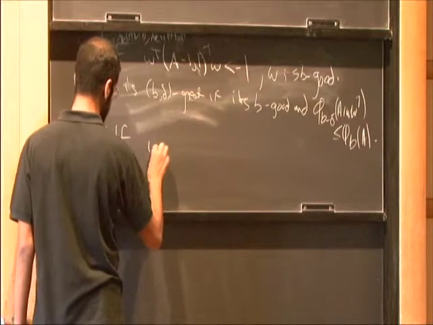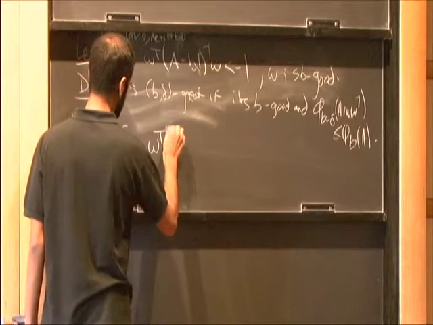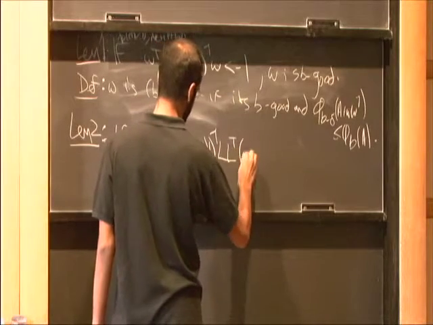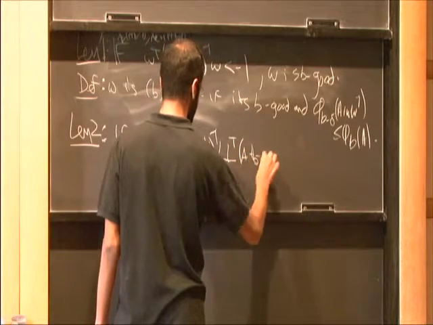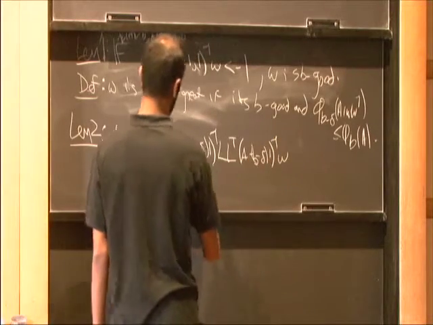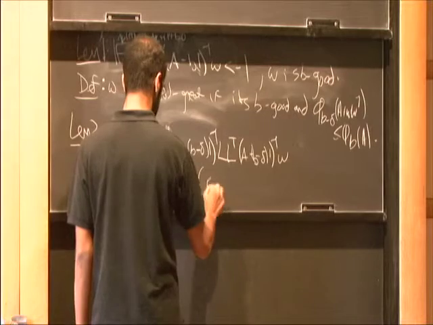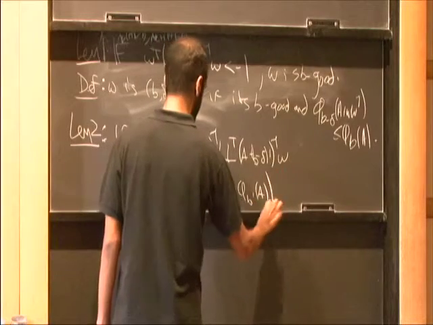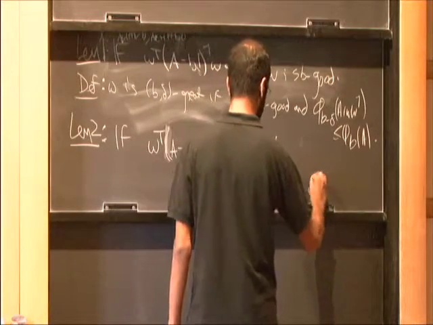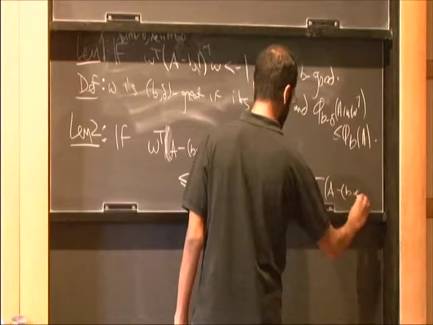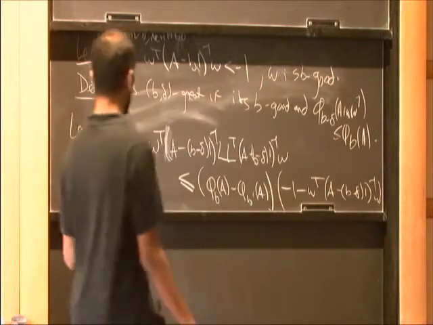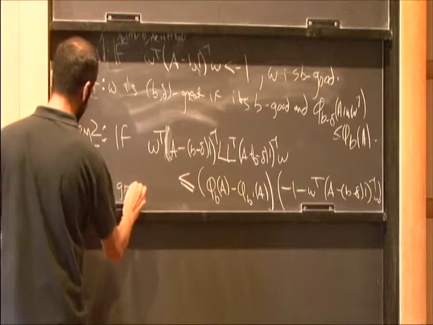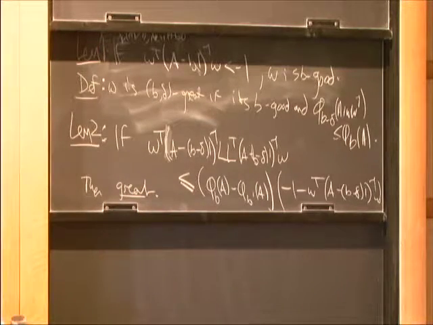If W transpose (A minus B minus delta I) inverse L L transpose (A minus B minus delta I) inverse W is at most the potential difference, phi B at A minus phi B prime at A, times minus 1 minus W transpose (A minus B minus delta I) inverse W, if this holds, then it's great.